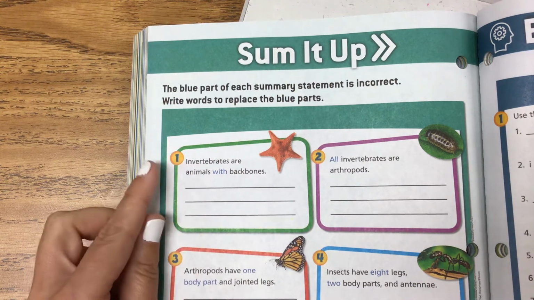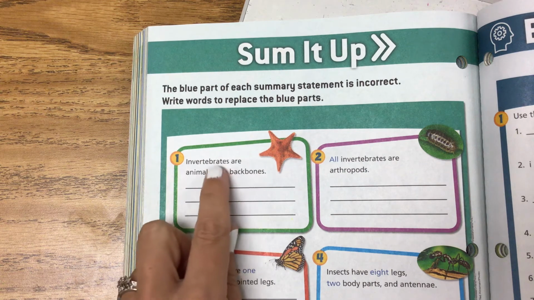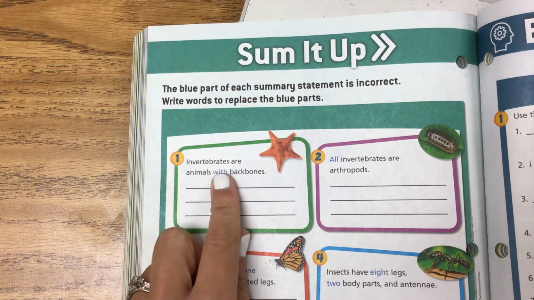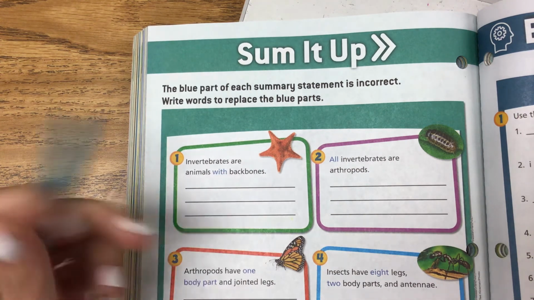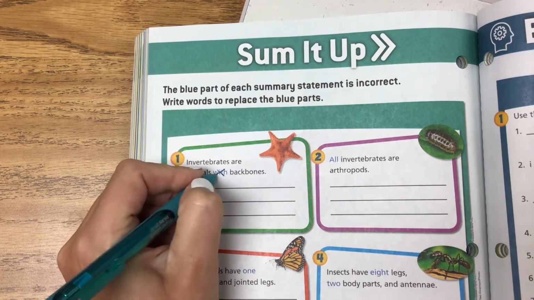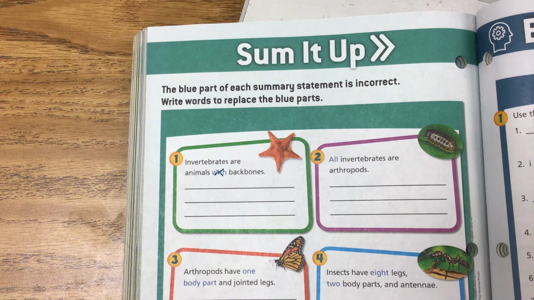So you're going to look back in your text and find the word that corrects this sentence. So replace the blue word with the correct word and then rewrite the statement here. You're going to do that for each one of those.